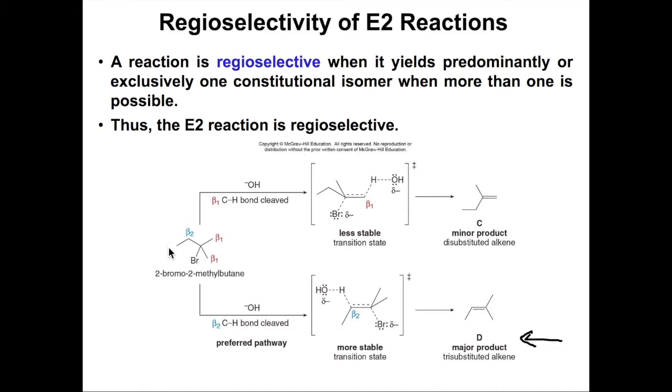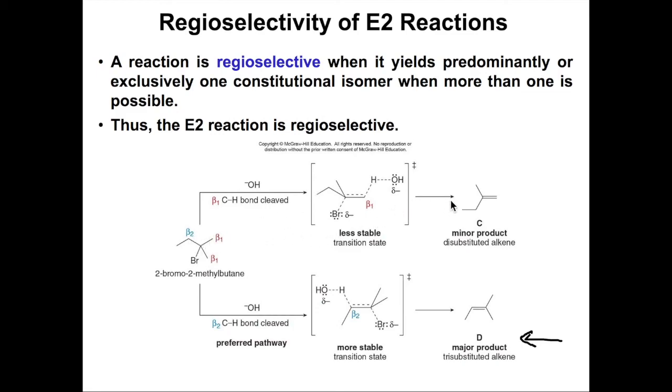Okay, so let's look at the mechanism here again. If I get one of the hydrogens that is in the blue, I will form a double bond right here. So that will give me the major product. And if I get one of the hydrogens that's coming out from here, that will give me the less stable alkene, which is the one that will form right there.